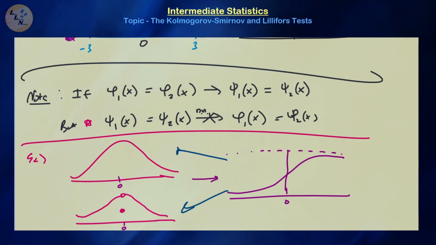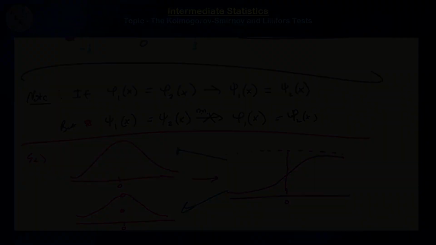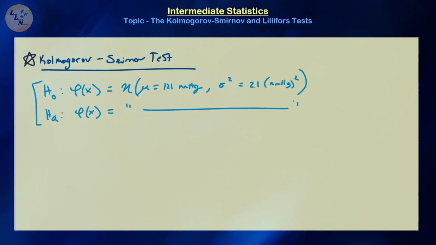Now let us get into the Kolmogorov-Smirnov test and how we can use it to test the normality of a particular sample that we've drawn from a population. So let's assume that we're interested in sampling some blood pressures from a population, and let's assume that we actually require that sample to be from a normal population. For example, we might be doing an F test, a T test, a Z test, or something along those lines, which all require normality.